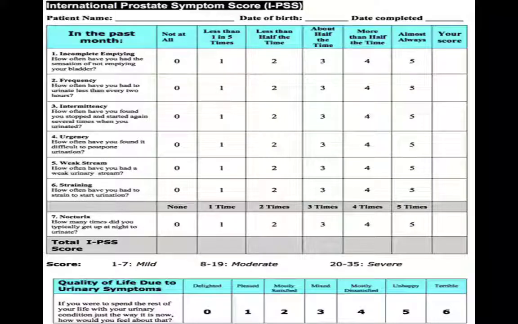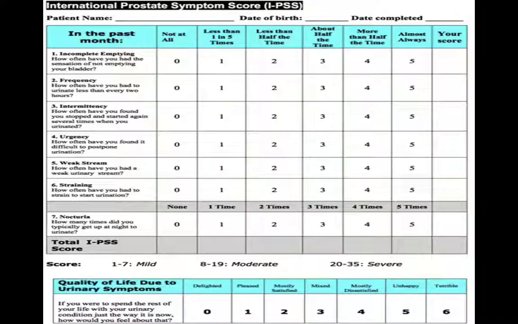If he says about half the time, we give it 3. If he says more than half the time, 4, and if he says almost always, we give it 5.